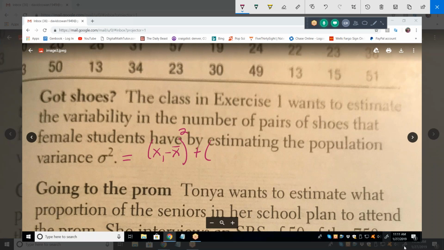I won't write out the whole thing, but in other words, once you have the mean, if you had to do it manually to calculate the variance, you would do it like this. It's all divided by n minus 1.